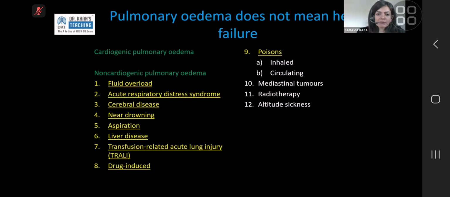The other point to take down was consolidation doesn't mean infection, and pulmonary edema doesn't mean heart failure. So when you see pulmonary edema on chest X-ray, in day-to-day workings, I rarely see anybody write cardiogenic or non-cardiogenic pulmonary edema. We say pulmonary edema, and the point to put in the back of your head is that when you say pulmonary edema, you're just implying that the air spaces are full of fluid.